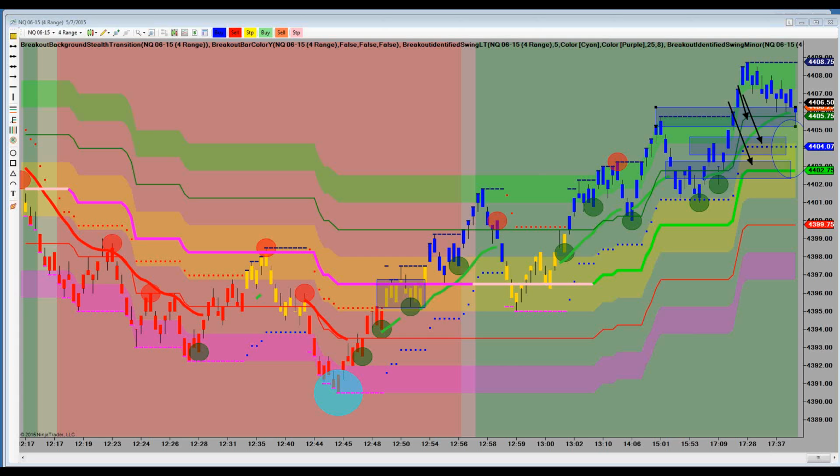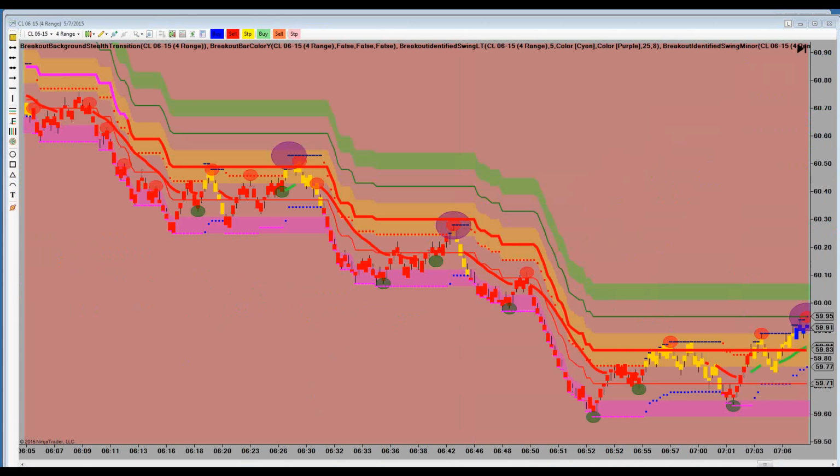First question on crude. I'm going to give you 10 seconds. I'm not going to give you a lot of time. Is this a trend change on crude oil, yes or no, on the right-hand side of this chart? 10 seconds.